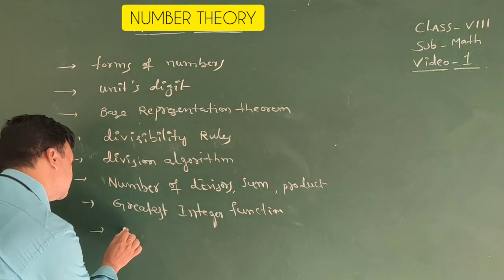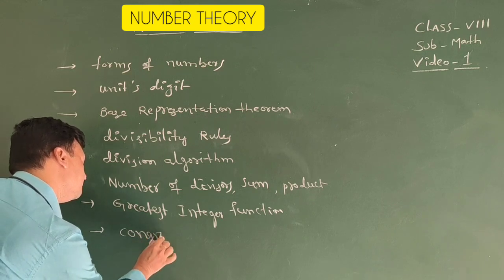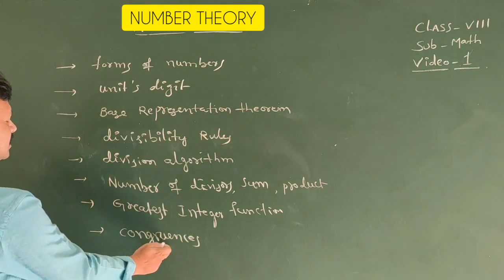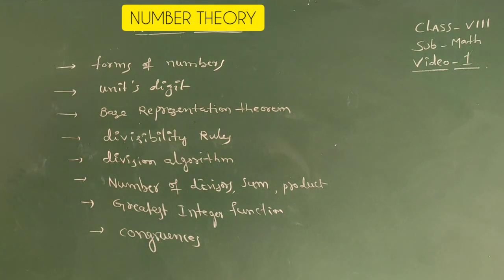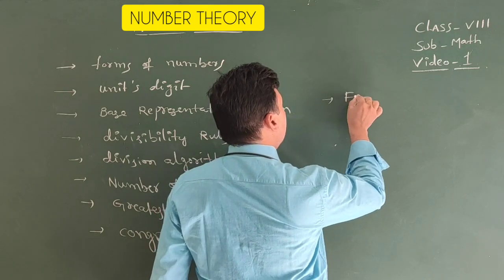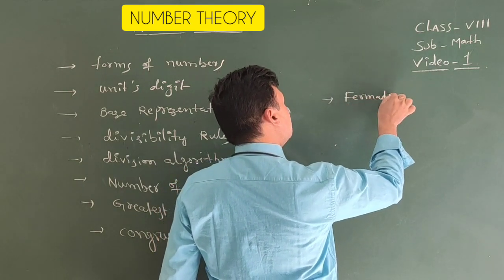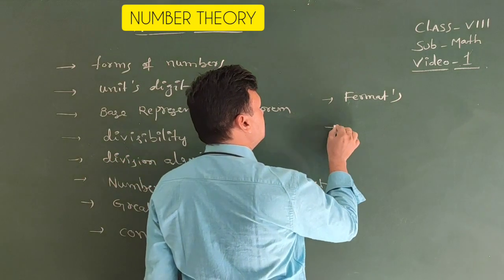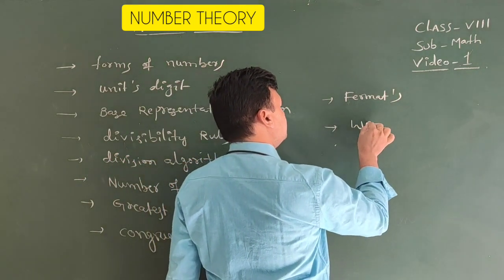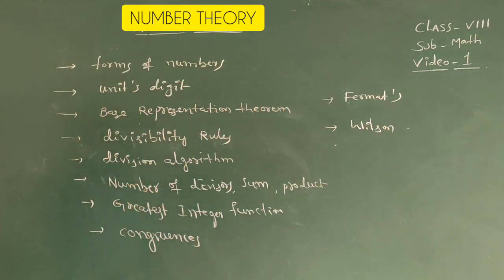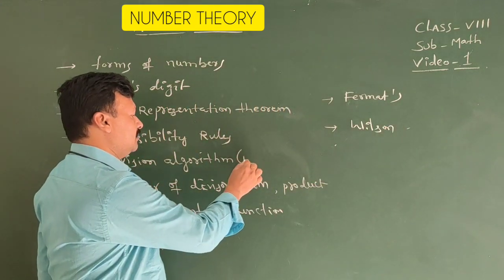Next, congruences. These are completely different from geometrical congruences. Next, Fermat and Fermat's little theorem. Next, Wilson. Division algorithm is nothing but the Euclidean algorithm.